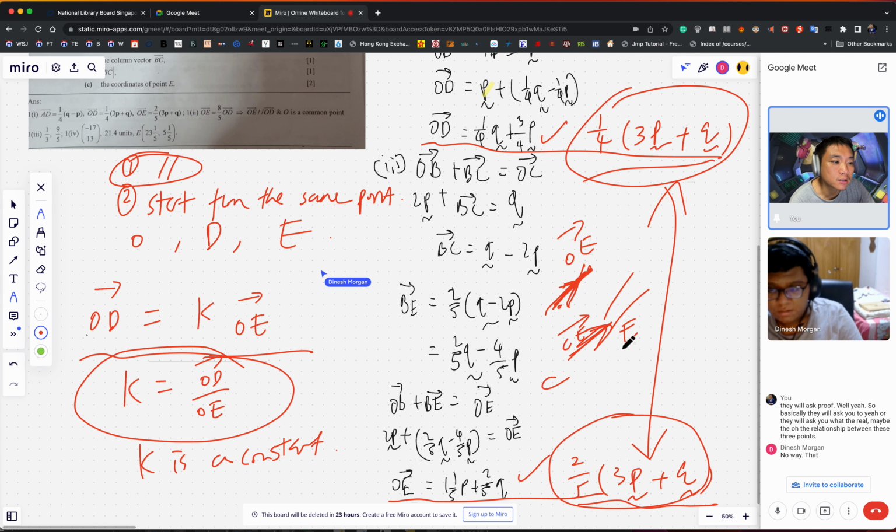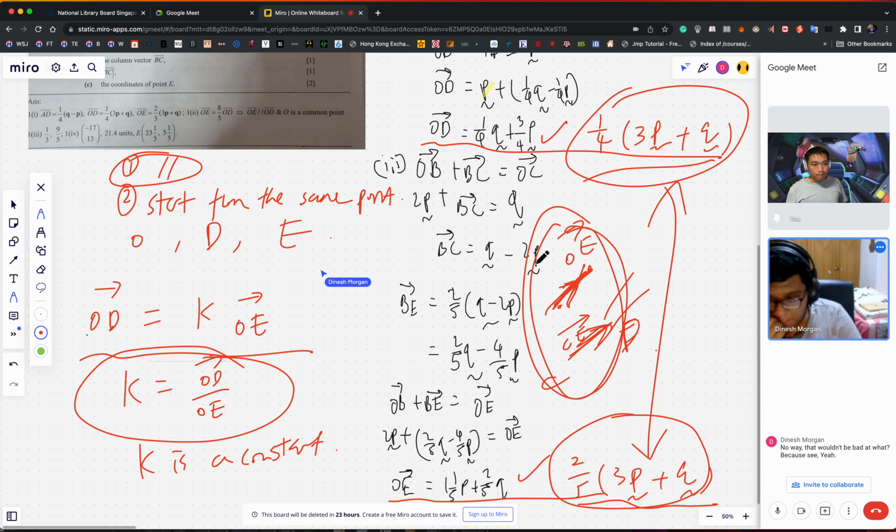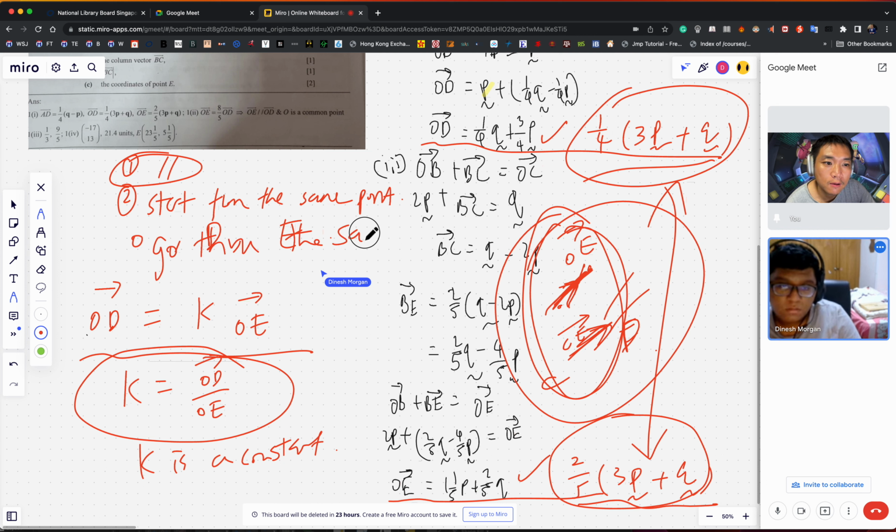This one will be parallel because it's the same point. Or the other one is they might not need to start from the same point, or they go through the same point also can. In this case, they go through the same point.